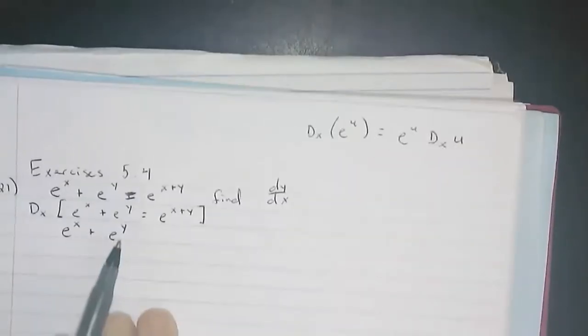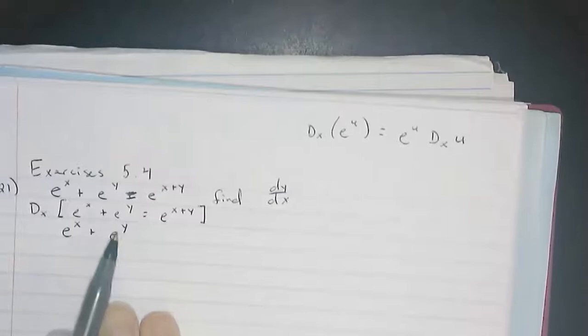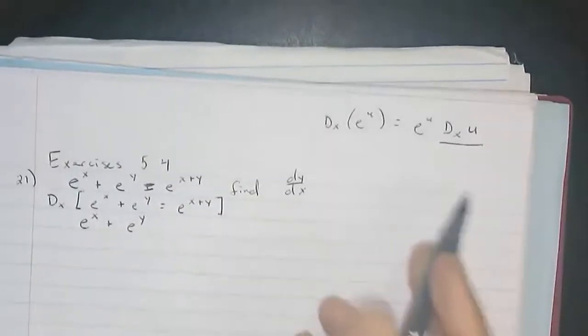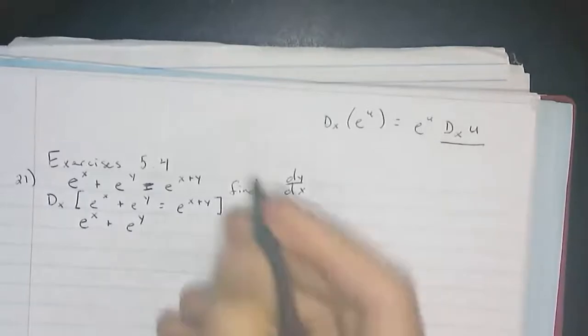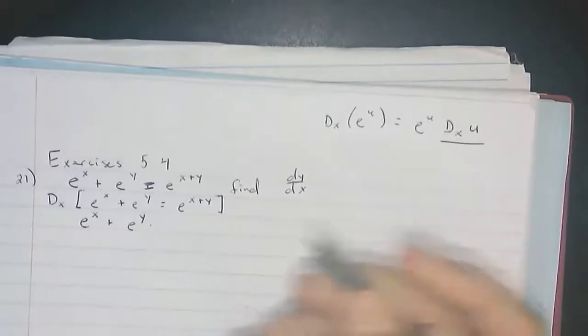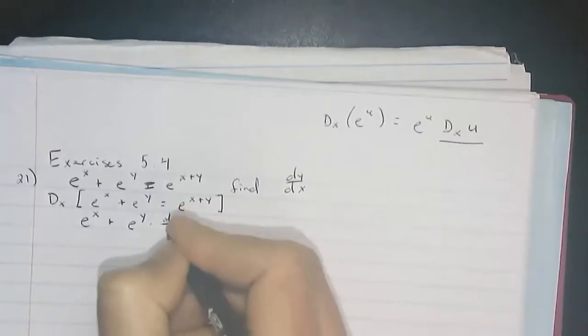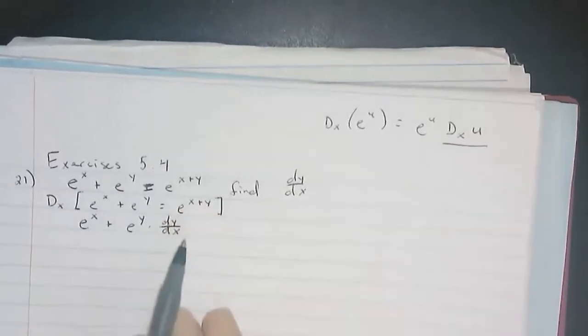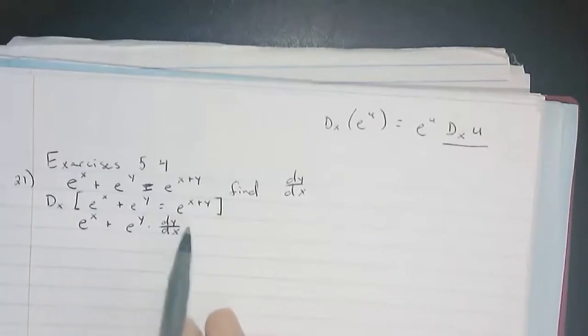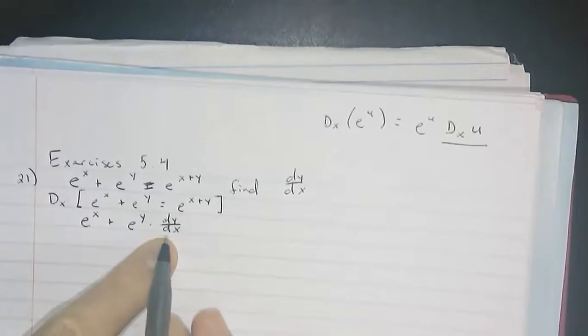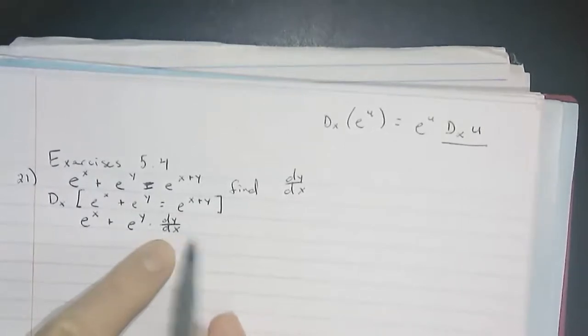Here our u is y, and again, it is some function of x. And so we need to add this chain rule part. So this is where we get our first instance of dy/dx. And if you remember with implicit differentiation, this sort of becomes like a variable where we can solve for dy/dx at the end of the problem.